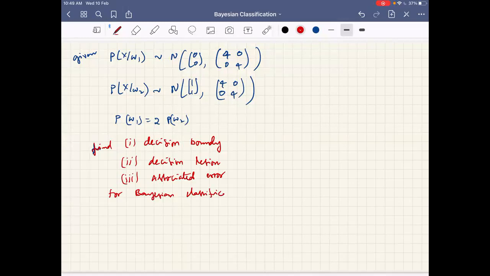This is the problem. So in the likelihood based decision, let us write directly the likelihood based decision boundary, and then we will discuss the posterior based decisions.